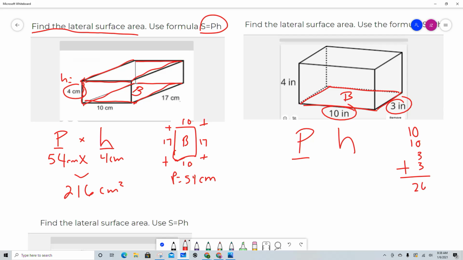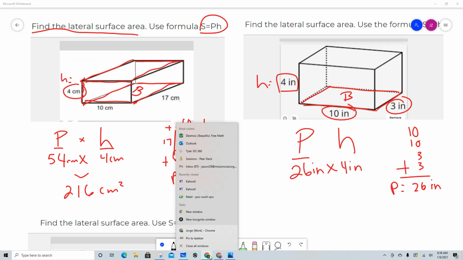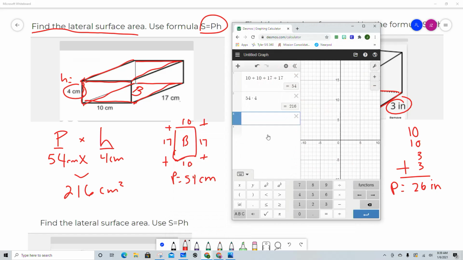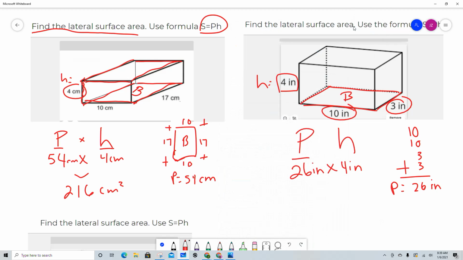So 26 inches is the perimeter. Then we multiply by the height, which is 4 inches. And then we'll go ahead and multiply that. So 26 times 4 is 104 inches squared. Okay?